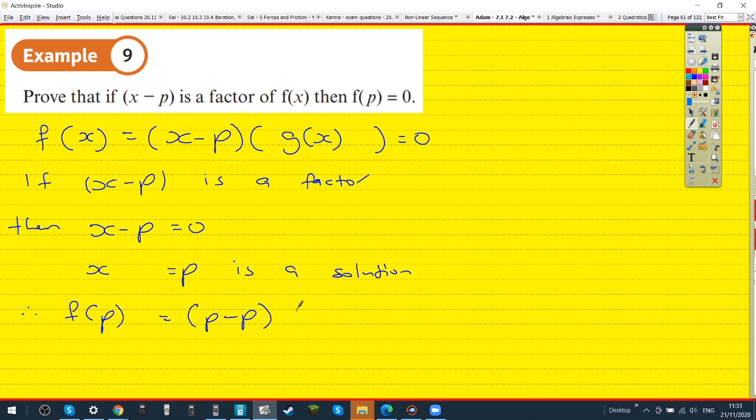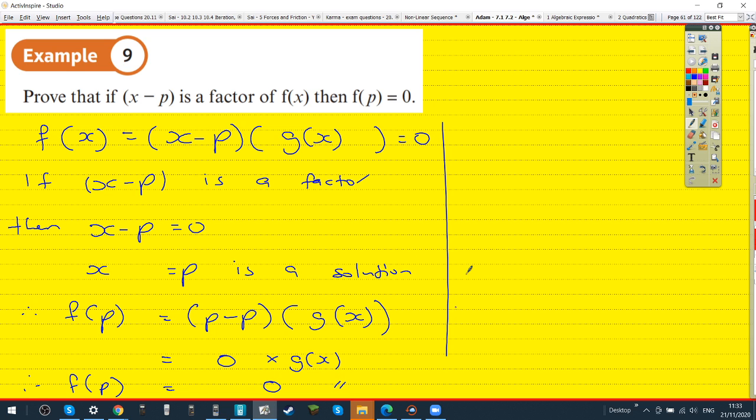That would be equal to 0. So that is 0 times the g of x, which is equal to 0. And therefore the f of p is equal to 0. Hopefully that counts as proof.